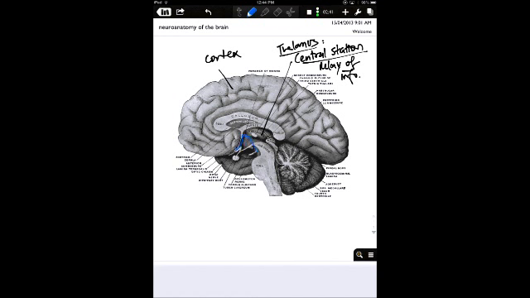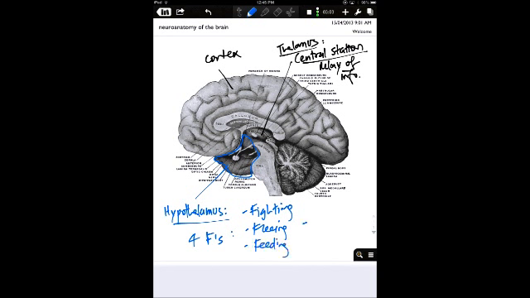And it's famously introduced as being responsible for the 4 F's, which is fighting, fleeing, feeding, and sexual reproduction. You can do the rest of the analogy yourself, but that's what it's responsible for.